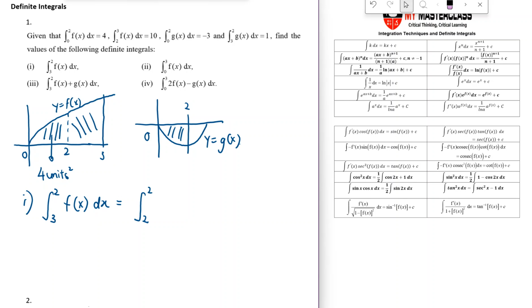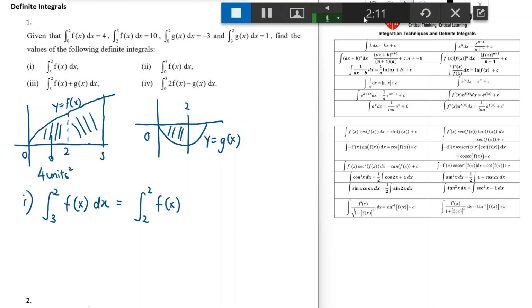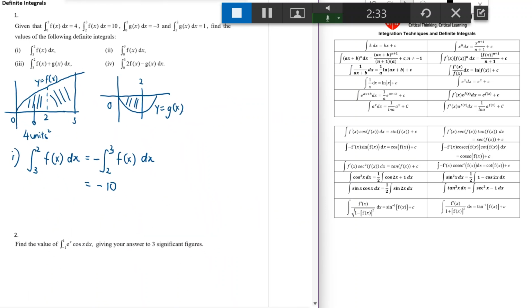But you can't just change it this way, because it's kind of like vectors where the direction matters. So when we change the order of the limits, there must be a negative sign in front, dx. This will be negative, the integral from 2 to 3, which is 10. So when you change the lower limit and the upper limit, there is going to be a difference in sign because of direction.